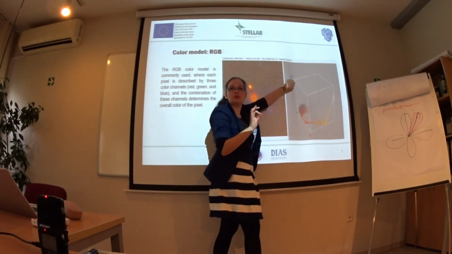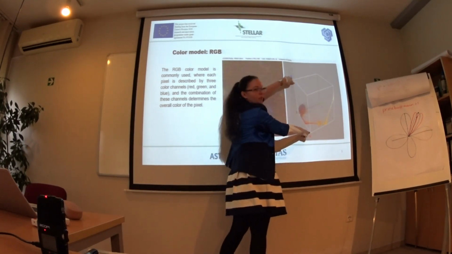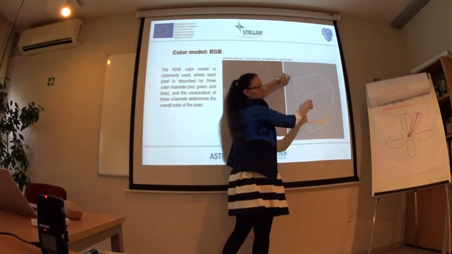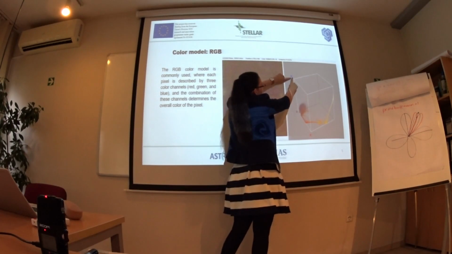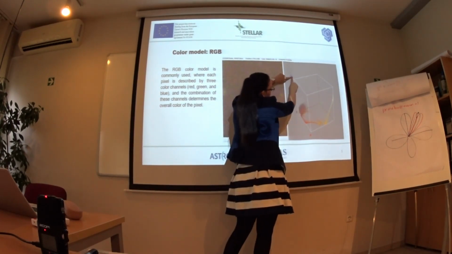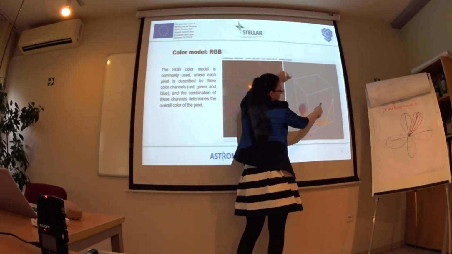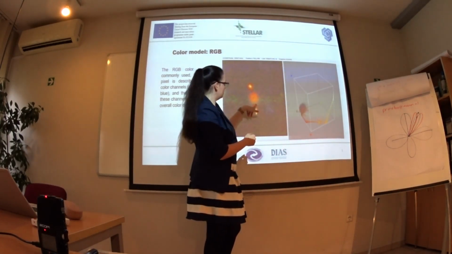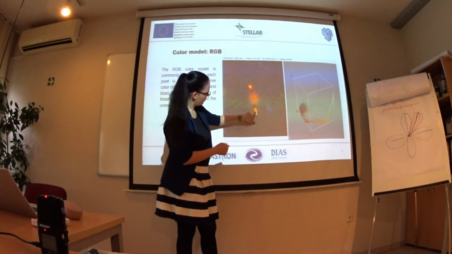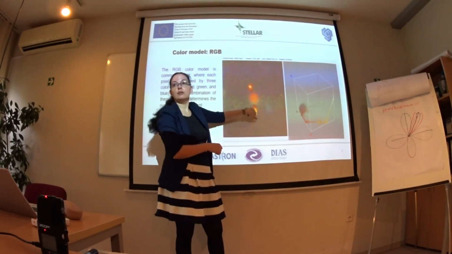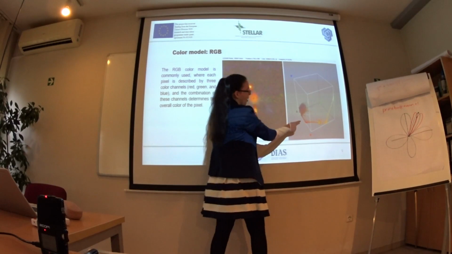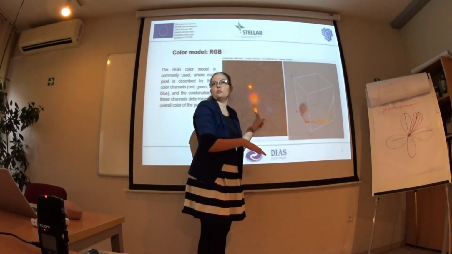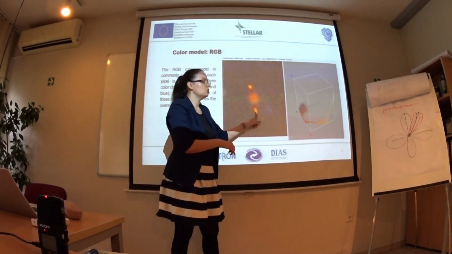And the pure red, we can obtain only here, which means that we will have zeros for the other two colors. Here it's the blue one and the green one. So if we want to take the orange, or for example the yellow color, we will have it somewhere in the cube.